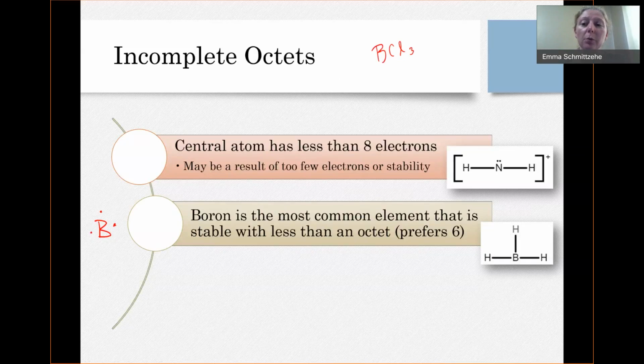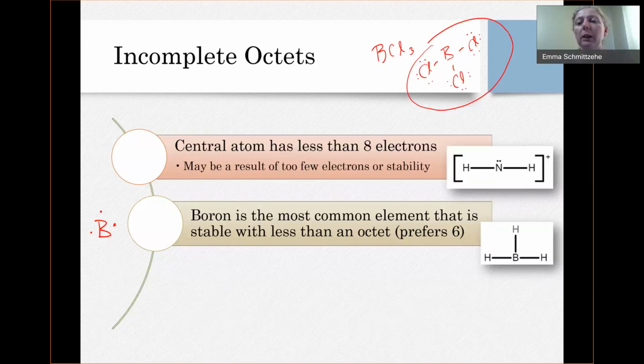That structure would end up being boron single bonded to 3 chlorines, and those chlorines each have 3 lone pairs. If you counted up all the valence, this structure has 24 valence electrons, and that's what I have drawn. This would be considered the appropriate, valid structure, because boron prefers to only have 6 electrons.